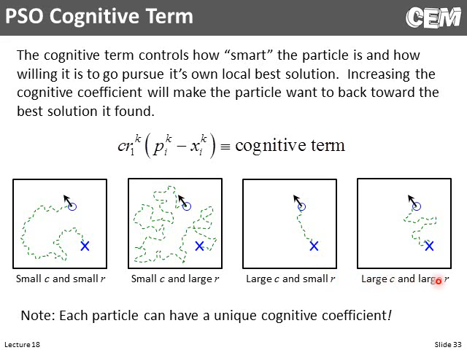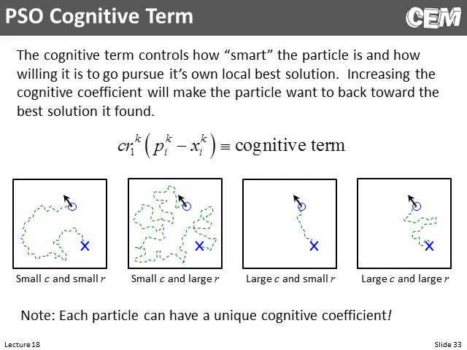If both C and r are large, it tends to go straight toward this local best, but it also has this randomness built in. So it's always a trade-off between faster convergence on the best and searching out more of the solution space. The more of the solution space we search, the better guarantee we have of finding the global best.